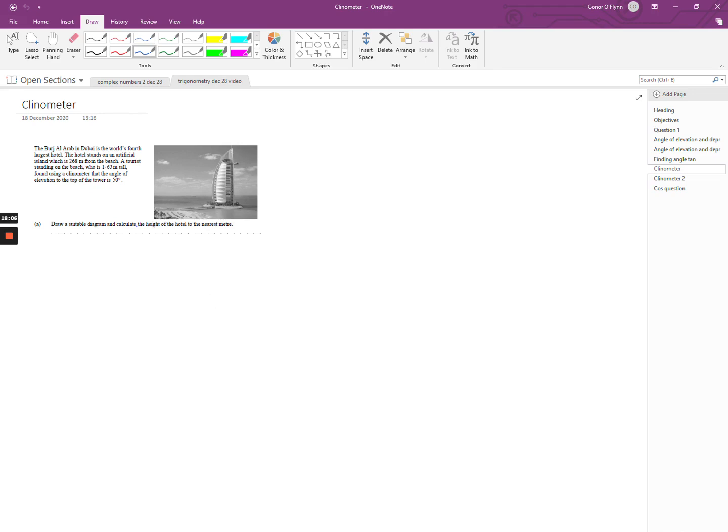All right, so again, we'll just set it up here. So what we have is a person standing. A clinometer is an instrument to measure angles.